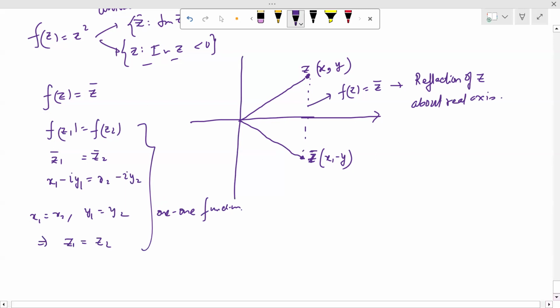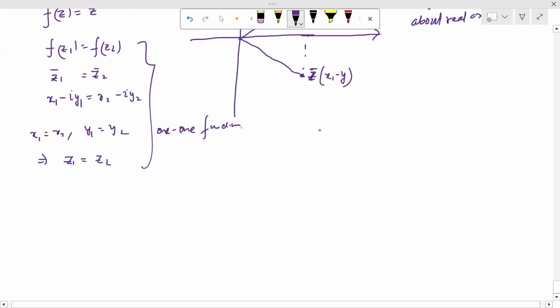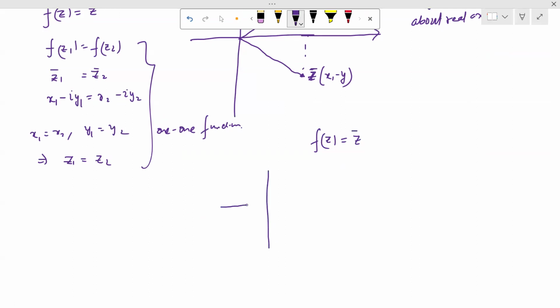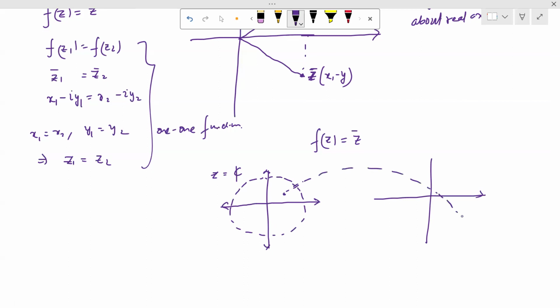Okay. And is it an onto function? Yes, it is an onto function because f(z) = z bar. If this is your z plane, and we are taking the set of all complex numbers, the entire finite complex plane here, then every point, say (x, y), is going to get mapped to (x, -y).